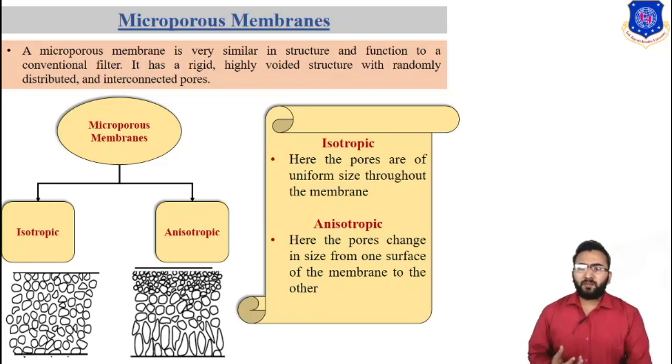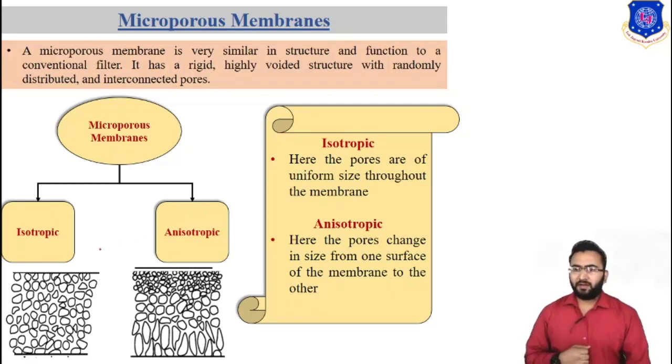The microporous membrane is further classified as isotropic membrane and anisotropic membrane. In isotropic membrane, the pores are uniform in size throughout the membrane, whereas in anisotropic, the pores change in size from one surface of the membrane to another.